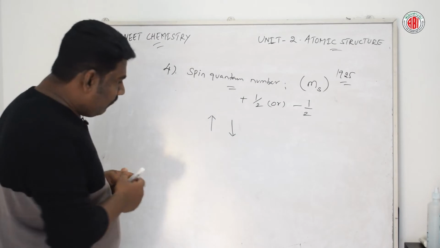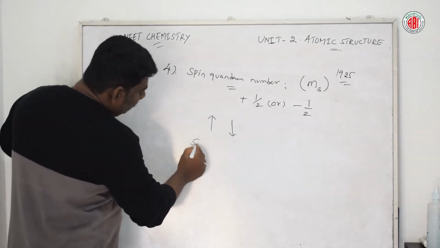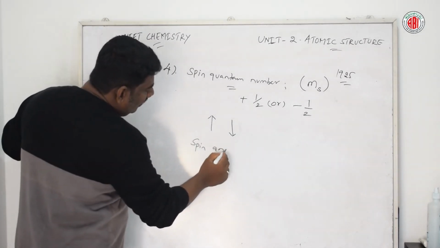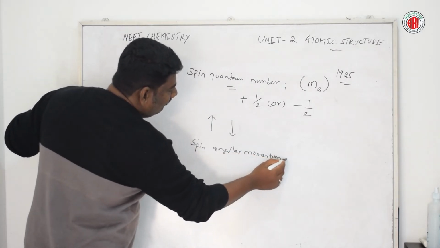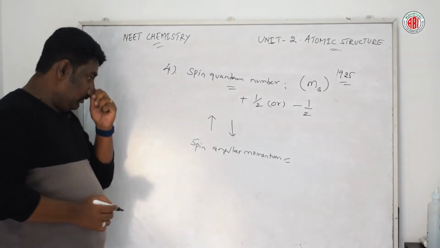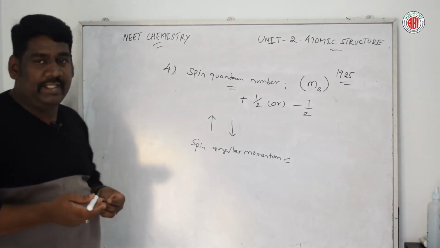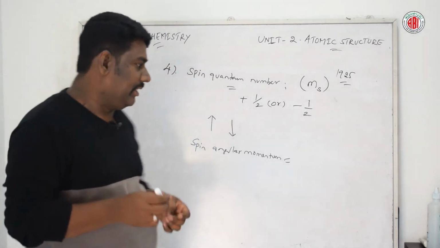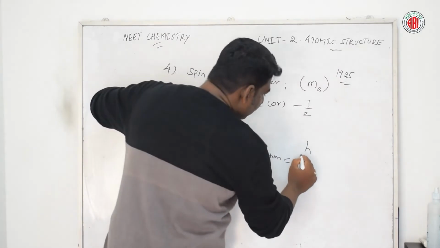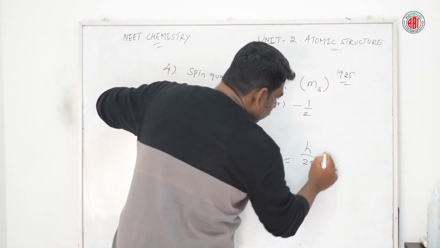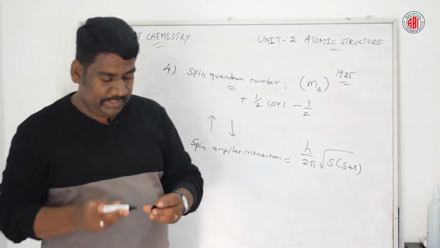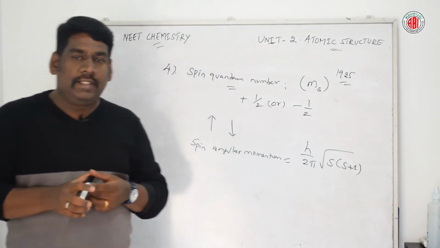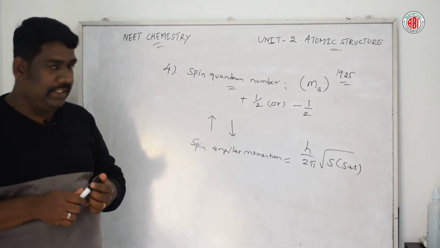And for finding the spin angular momentum, we have a formula: h by 2 pi into the square root of s into s plus 1.